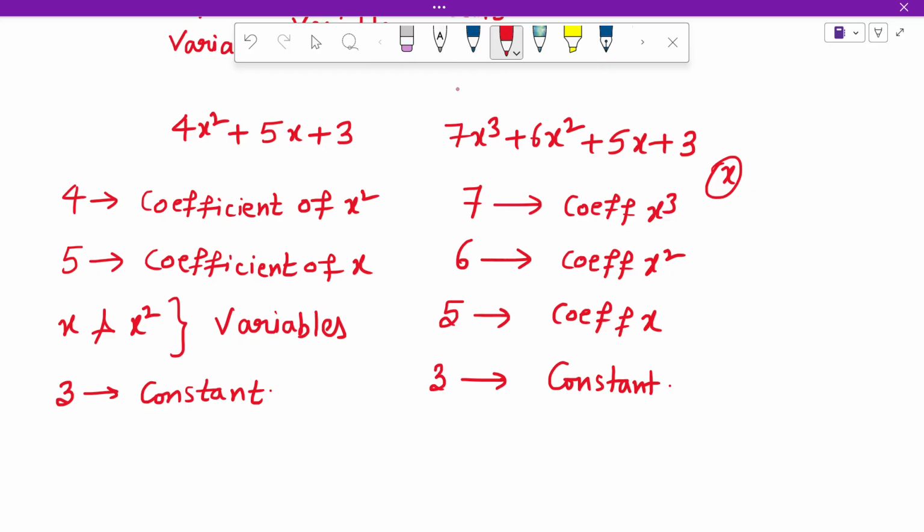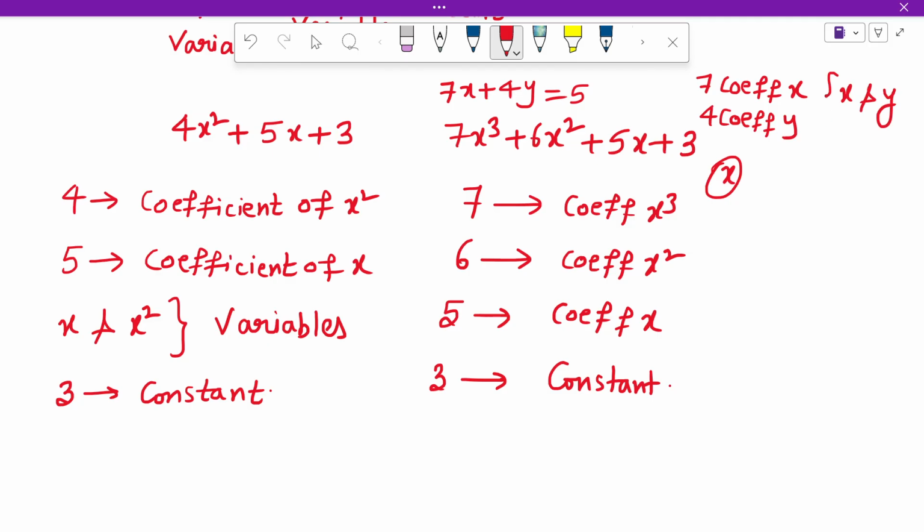If I write something like 7x plus 4y equals to 5, so here the coefficient of x will be 7 and the coefficient of y will be 4, and the variables are x and y.